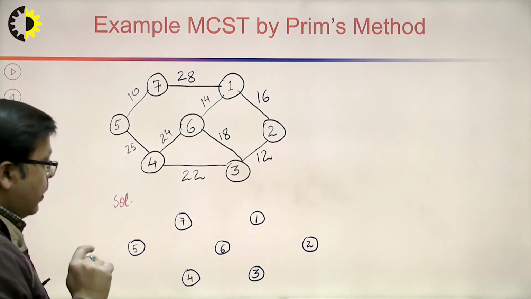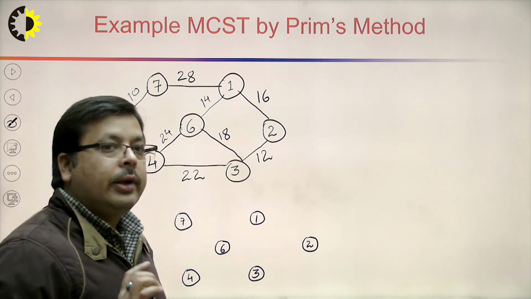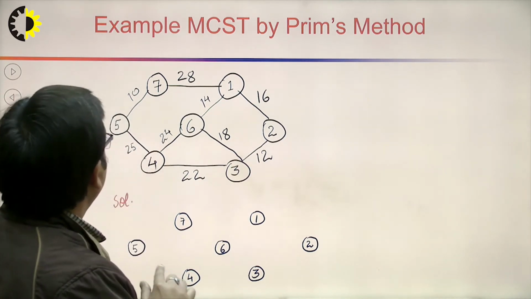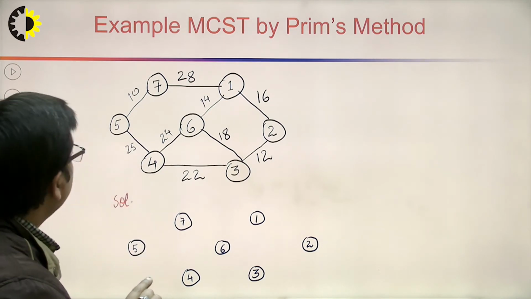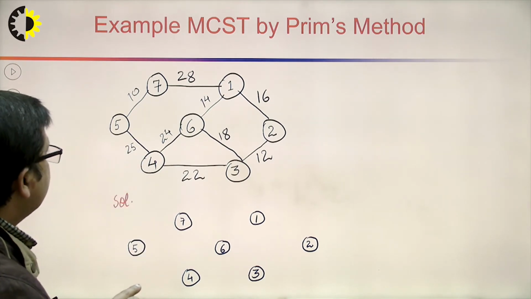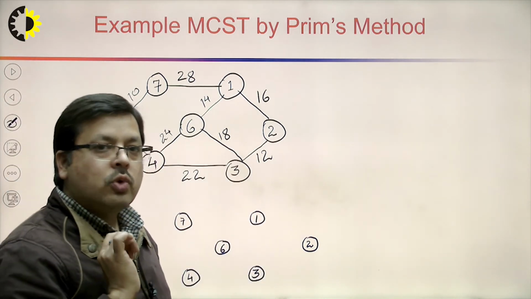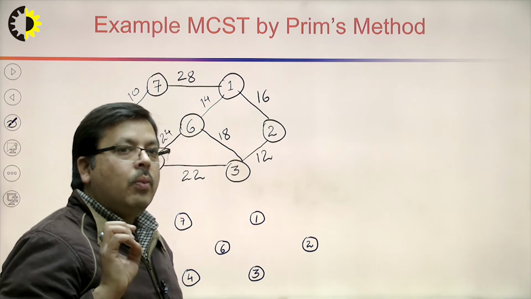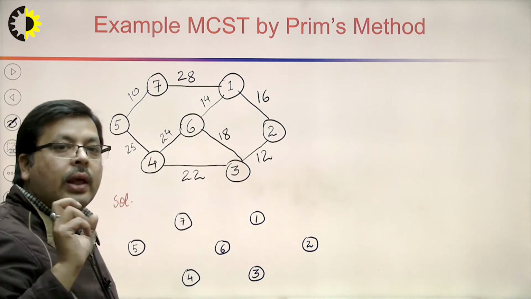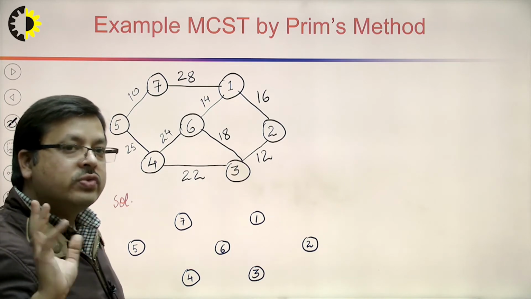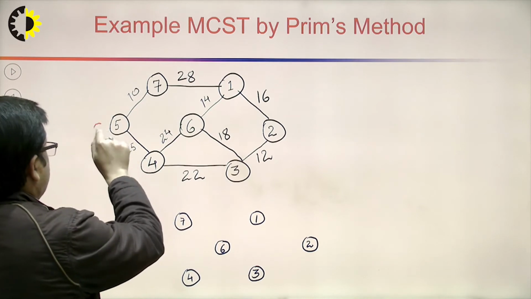So, now we are going to implement Prim's algorithm on this particular graph. Suppose this is the given graph. First we have to initialize it. To find the minimum cost spanning tree of a given graph, we have to identify a source first. Let us say 5 is the source vertex.